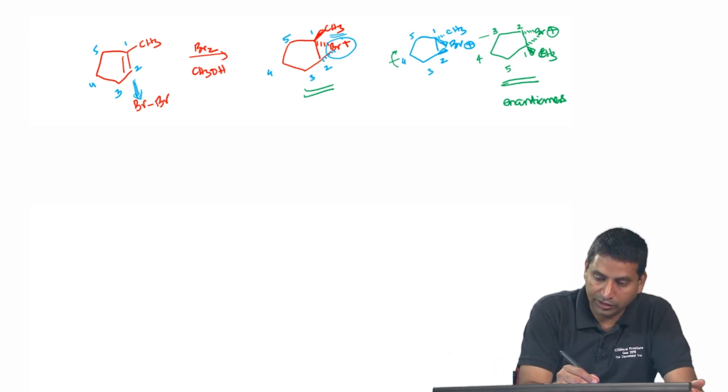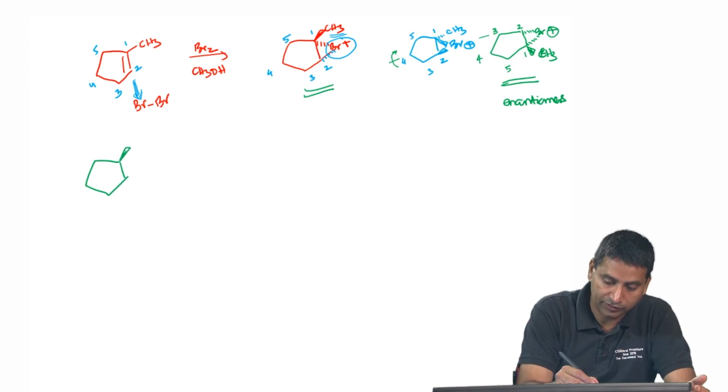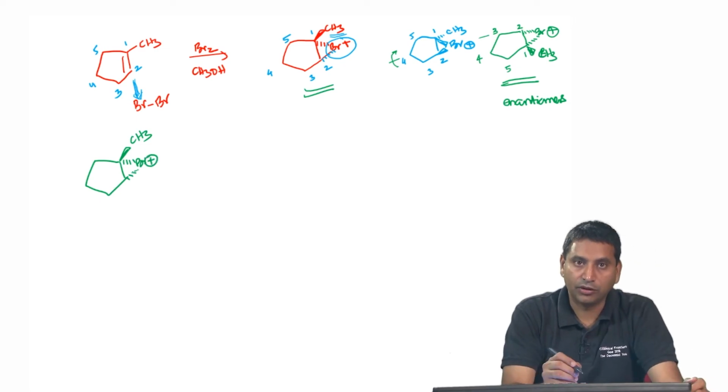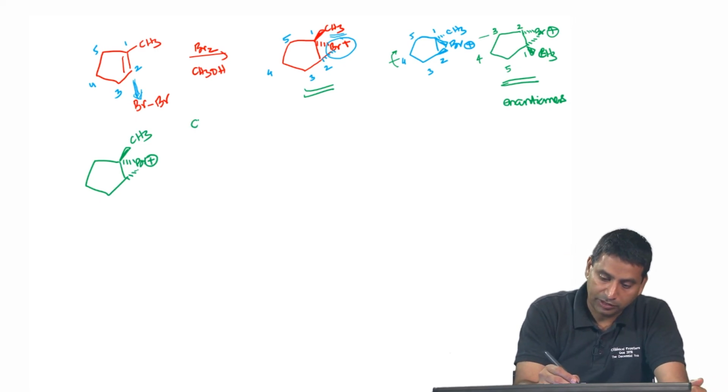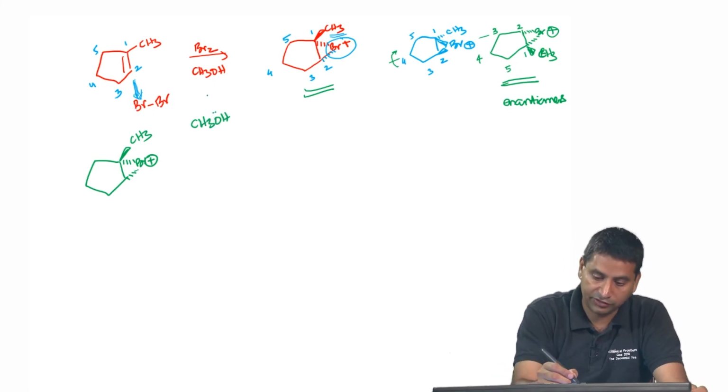So, let me draw out the bromonium ion once again, CH3 up here, Br. So, let us take this molecule and react it with methanol. So, CH3OH is present in very large excess.